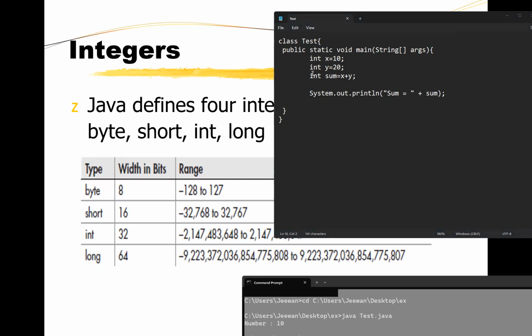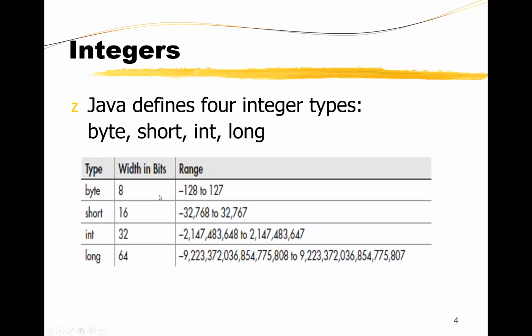What is the reason? The byte variable can hold only up to what? Minus 128 to plus 127. Therefore, 150 cannot be saved inside the byte variable. That's why it gave us an error. Okay, sir.